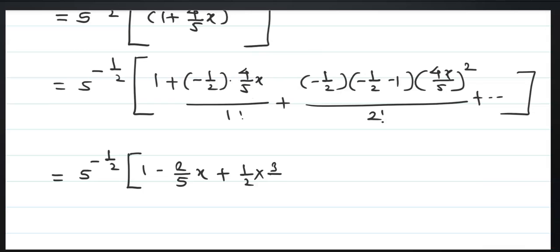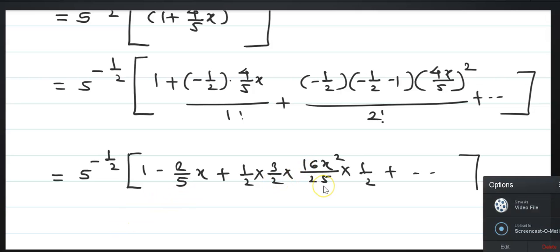And next is 1 upon 2, 3 by 2, x square upon 25 into 1 upon 2 factorial is here. Now (4x upon 5) square means what? 16x square upon 25. Minus 1 upon 2 minus 1 means what? Here is 3 by 2 and minus. Now here is minus and minus, it becomes plus. That's why here the plus sign is here.